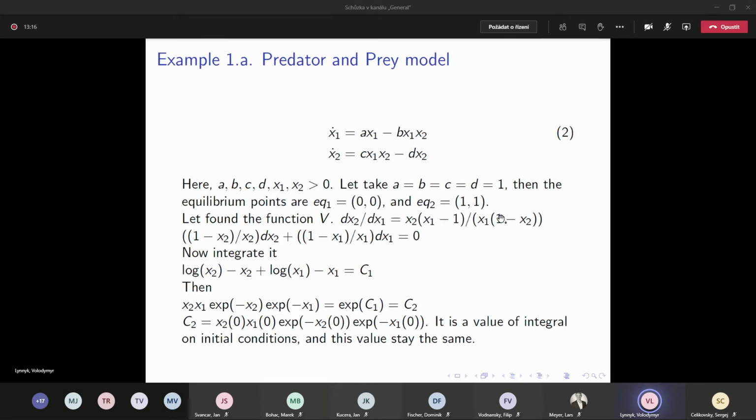We can separate this and then we integrate and take the exponential, and we can find this constant C2. We can see that the value of this integral of the initial condition stays the same, and this is bounded.